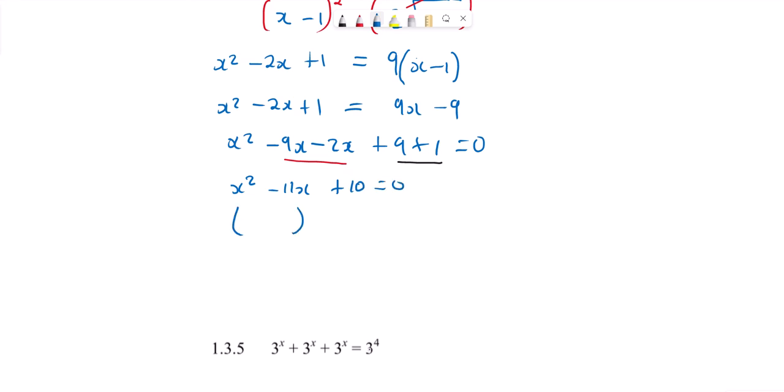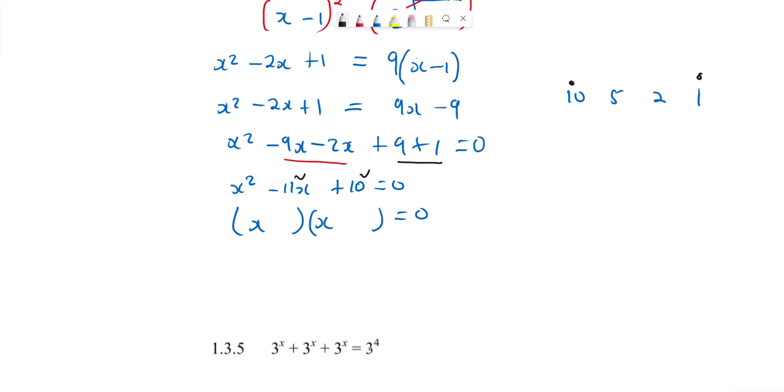So you open two brackets, you say x and x. What are the two numbers that when you multiply? So let's write down the factors of 10. That will be 10, 5, 2, and 1. So let's work this out. What about 10 and 1? 10 times 1 is 10, correct. 10 plus 1 is 11, correct.